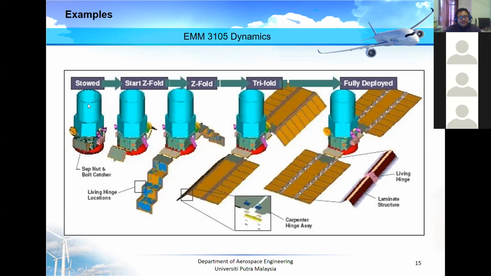Right after it's being deployed or disengaged up there in space, then it will deploy its own so-called solar panel so that it can power up all the onboard systems. So the dynamics of this particular motion, or the kinematics, you need to understand it.